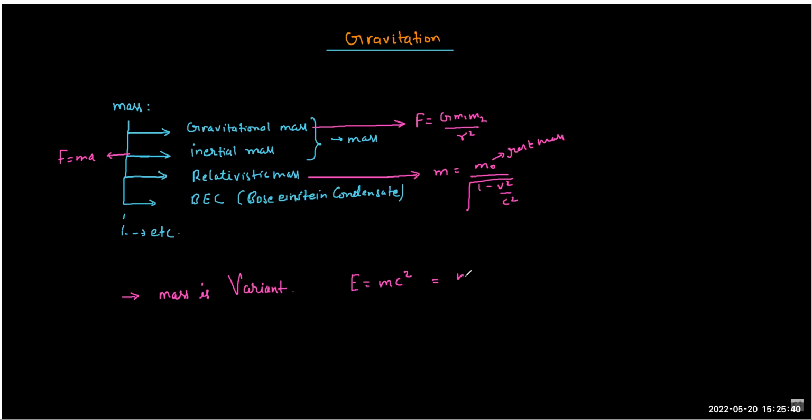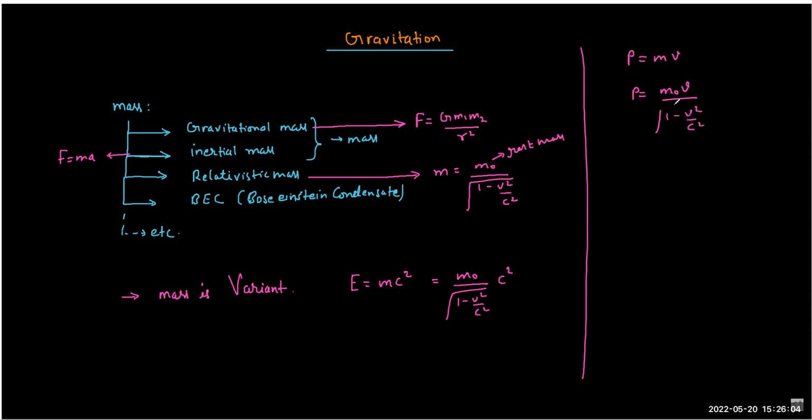And if you use the Einstein relation, you can clearly see that the momentum we also write in relativistic form as mv, and the m itself is m naught over square root of 1 minus v square by c square. Understood? Yes.